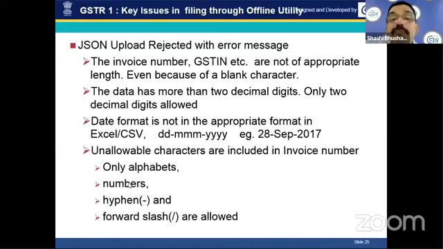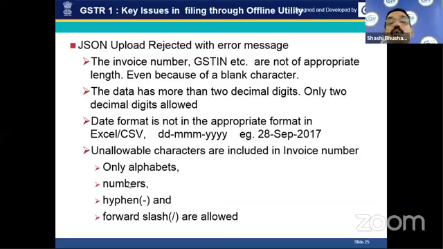Now, one problem which has also been reported is that people have prepared their return file using the offline tool. The offline tool performs all the validations.